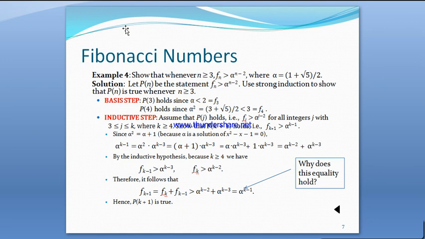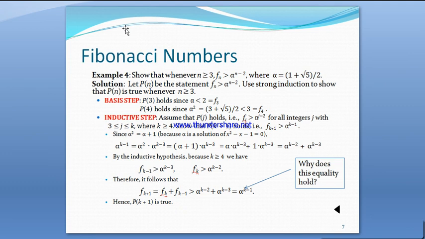Now let us try to complete the inductive step. In this step, we assume that P of j holds, that is, fj is greater than alpha power j minus 2 for all integers j with 3 less than or equal to j less than or equal to k, where k is greater than or equal to 4. Here k greater than or equal to 4 is chosen because P of 4 has already been proved in the basis step.